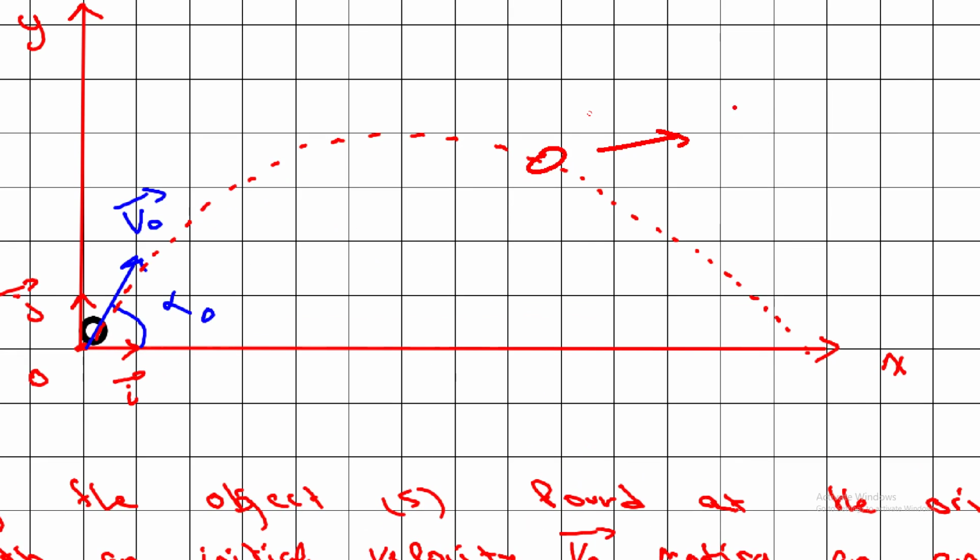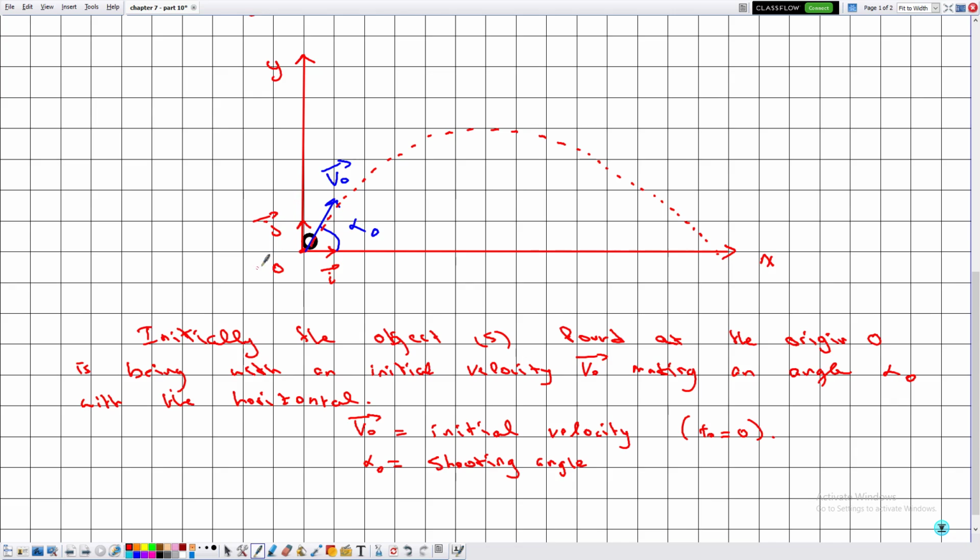This represents the trajectory of the object S, which is the actual path followed by S. This is the object S, which is lying here. So for example, one of the aims of this section is to determine the equation of this trajectory.